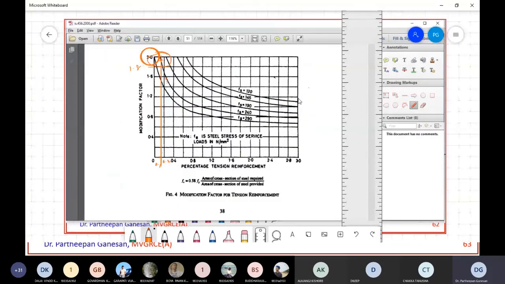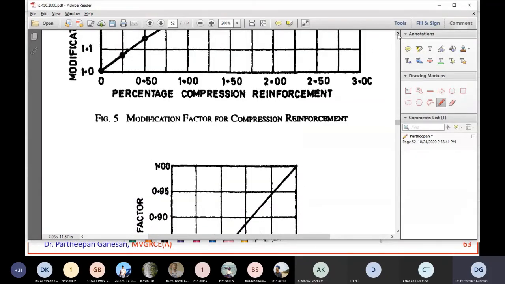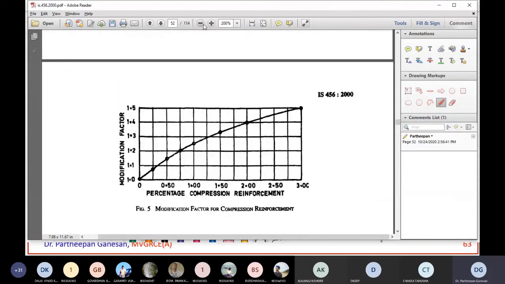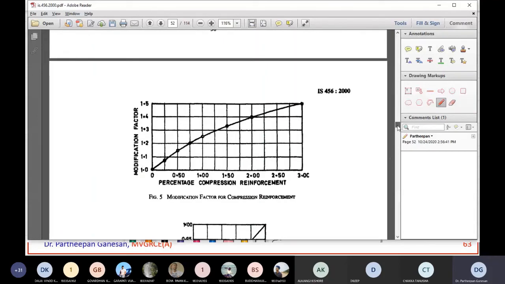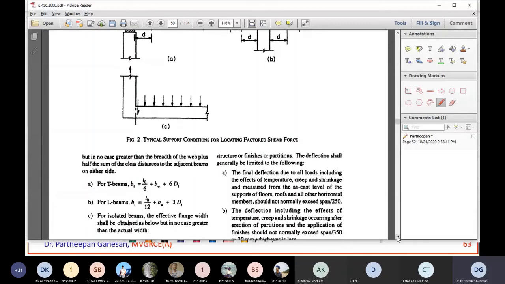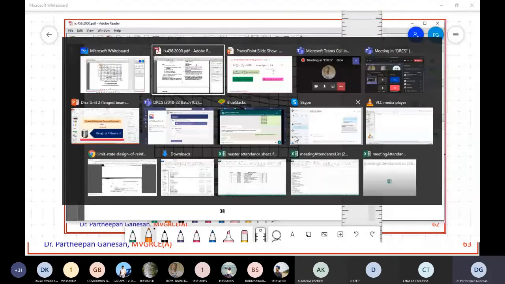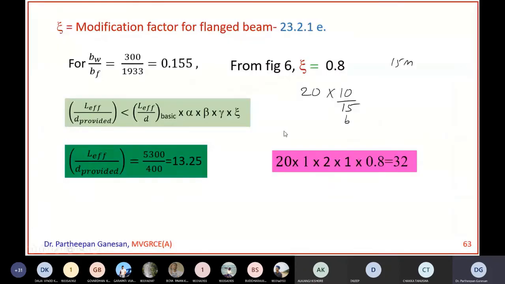You see here, I have explained this before also, but here for span above 10 meter, the value in A may be multiplied by 10 by span in meters. So if we have a beam span of 15 meters, then this factor will not be 1, it will be 10 by 15.